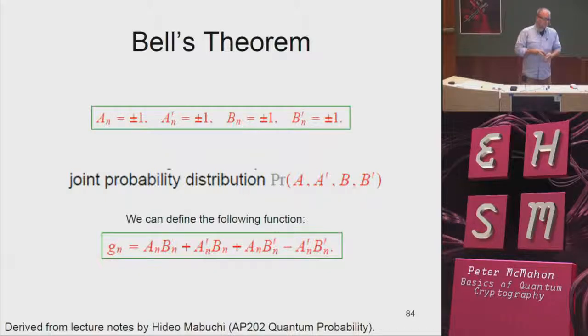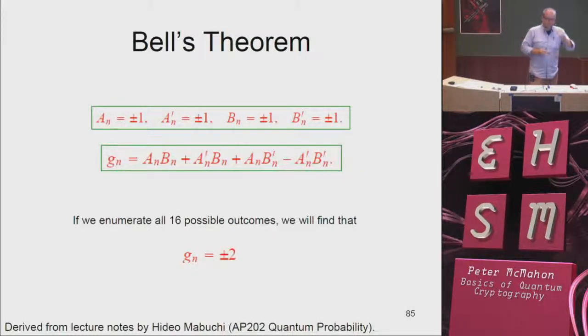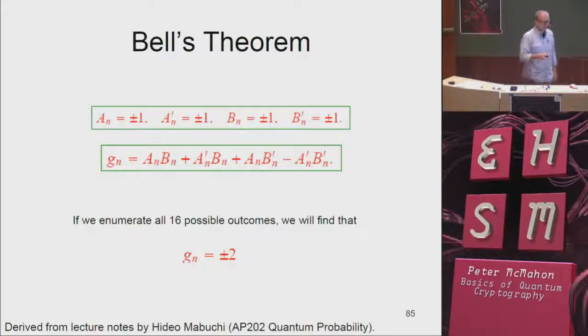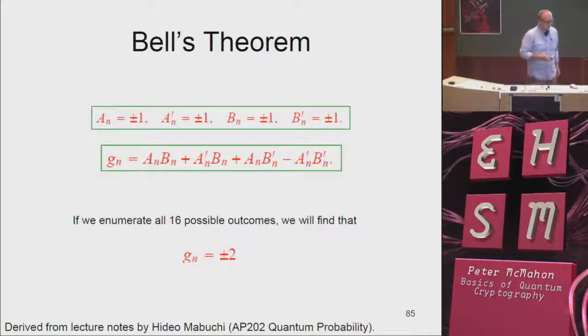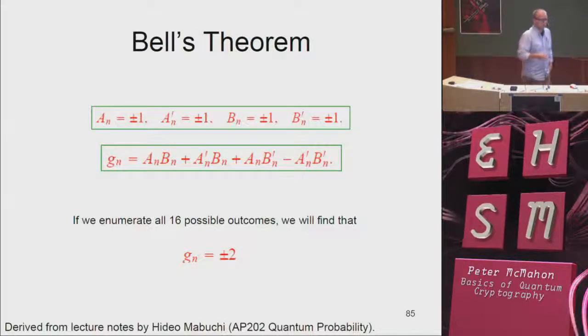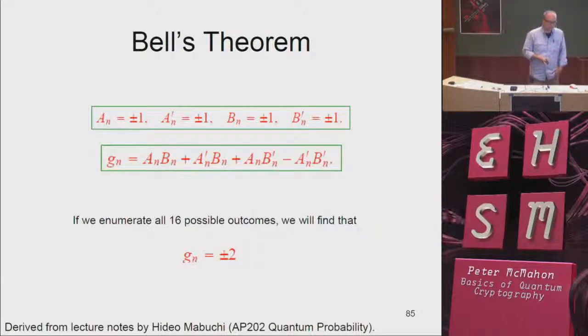We can then ask what possible outcomes g has. For any given experiment there are 16 possible outcomes, because we have four binary random variables, so 2 to the 4 is 16. If you enumerate all of those, you'll find that g of n always takes on the value +2 or -2. So that's pretty simple.